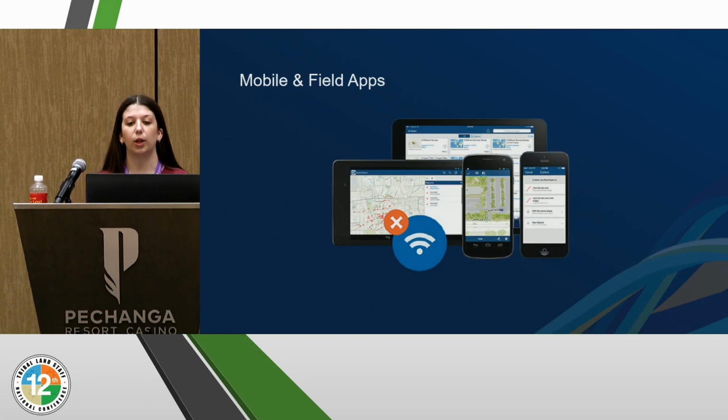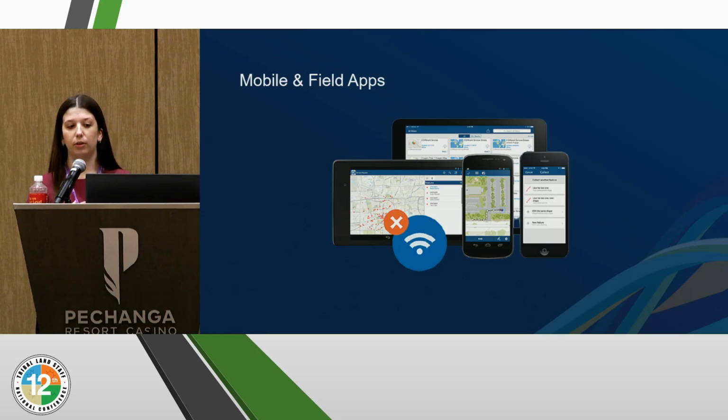Part of what makes these mobile applications so powerful is that you're able to take them offline. You can download information to your device and continue collecting and modifying that data, and then it syncs back up. Once you've collected it and published it, you can utilize it in Pro as well. And you can use it in various different applications on the ArcGIS system as well.